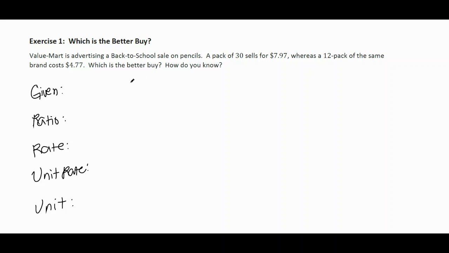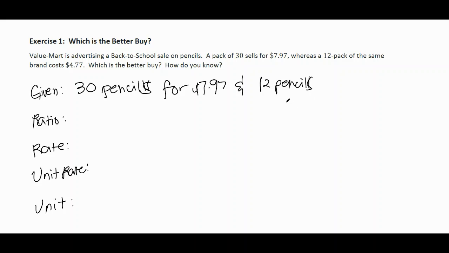So basically, our given is 30 pencils for 7.97, and 12 pencils for 4.77. Now, before we go to the ratio and stuff, let us find the unit first.